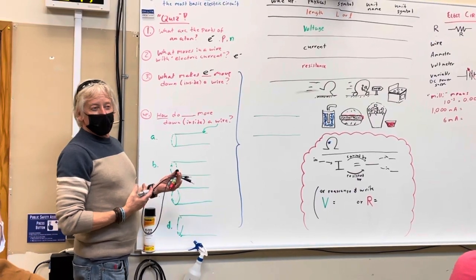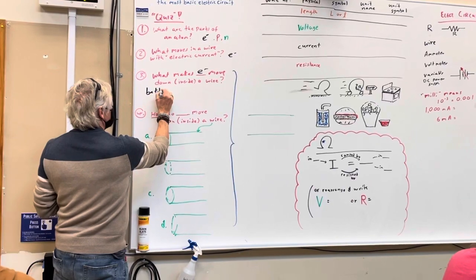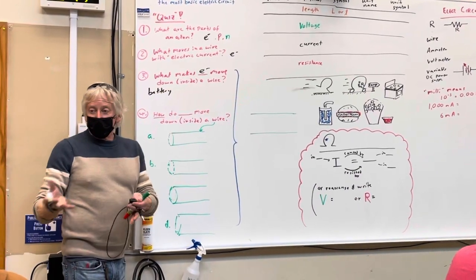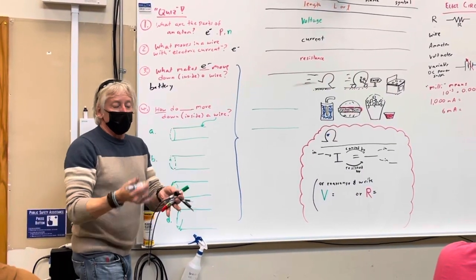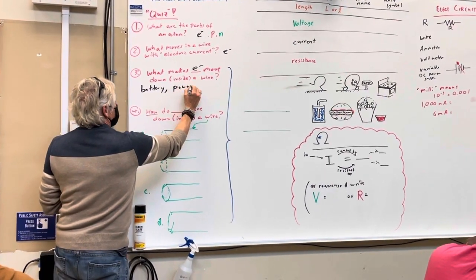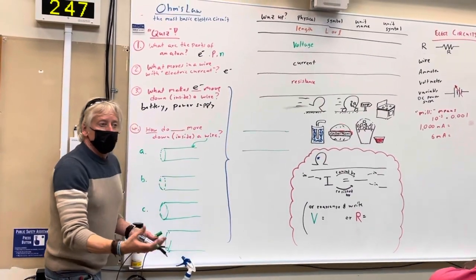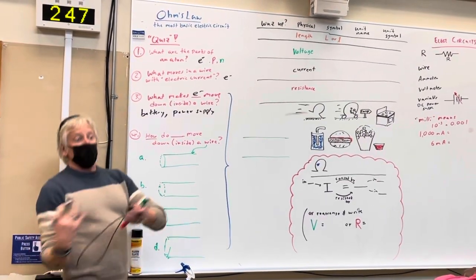Power. Well, what power? Battery, right? Or power of some sort. A power supply, we say. We're going to use our lab bench. Battery, power supply, a solar cell. Whatever it is, something's got to make it go, right?